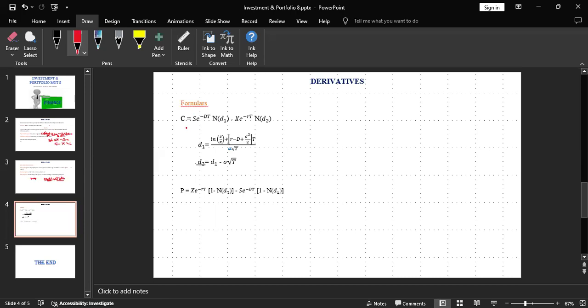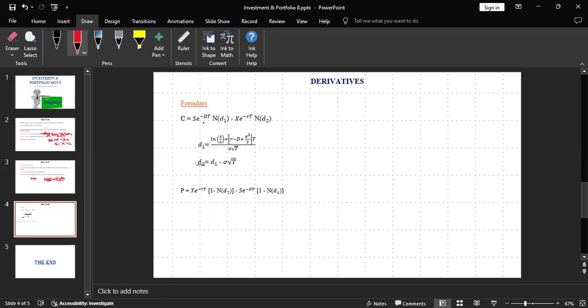That's why the spot price comes first and the exercise price, the agreed price, is subtracted from it.